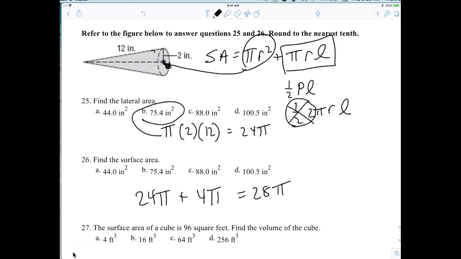Exactly. Anything to the left is the lateral area? In all the surface area equations, the right side, after the plus sign, is all the lateral area stuff.